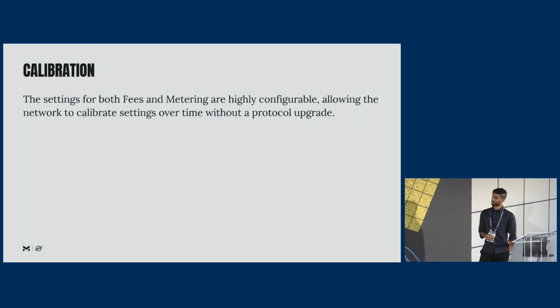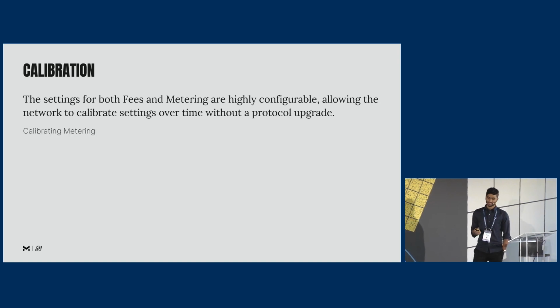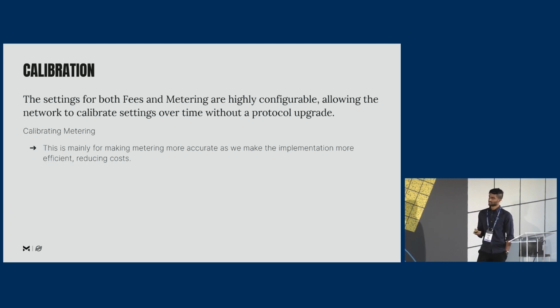And that leads to my next point, which is that there's a lot of calibration that can be done between metering and fees. So the settings for both fees and metering are highly configurable, allowing the network to calibrate settings over time without a protocol upgrade. But the use cases for calibrating fees and calibrating metering are a little different. So for metering, the use case is mainly for making metering more accurate as we make the implementation more efficient, which reduces costs.